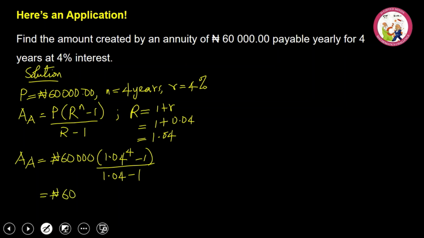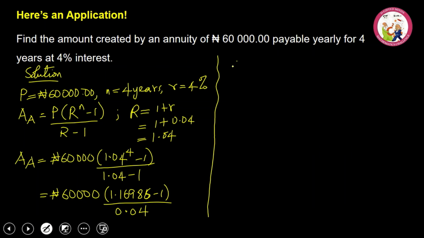and here is going to be equal to 60,000 naira times, when you punch the value 1.04 raised to the fourth power, that will be equal to 1.16986 to 5 decimal places, minus 1 over 0.04, because 1.04 minus 1 is 0.04.